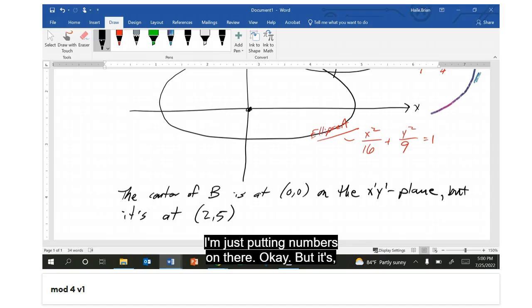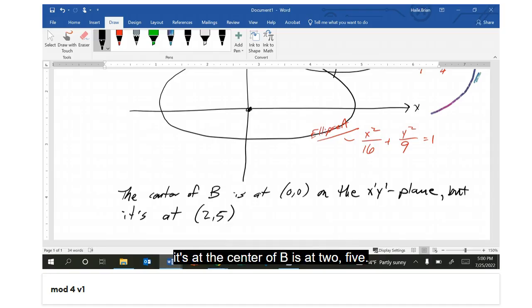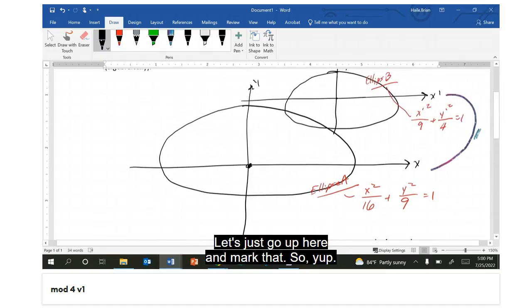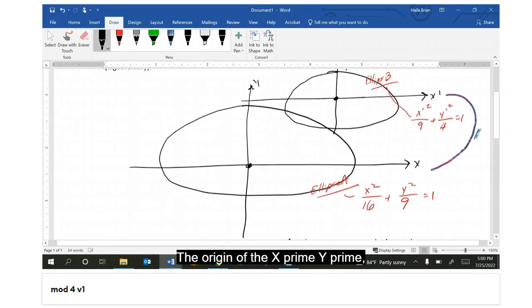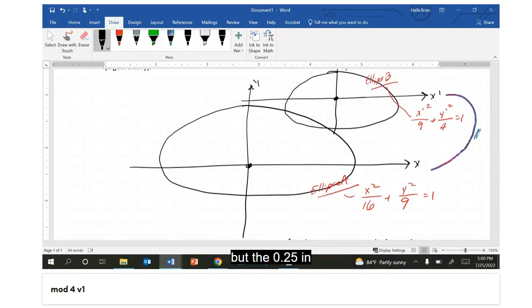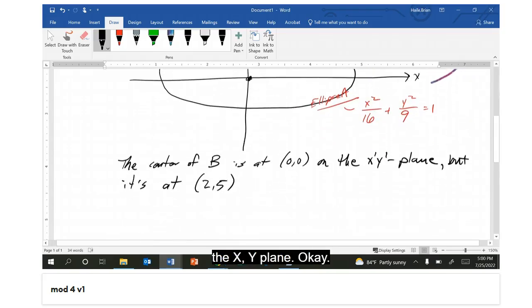The center of B is at 2, 5. Let's go up here and mark that. So, the origin of the x prime y prime, but the point 2, 5 in the xy plane.